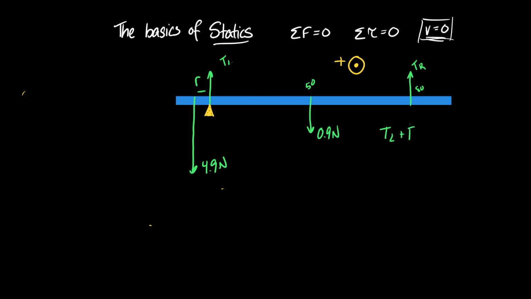TL plus TR still equals 4.9 plus 0.9. And we already know what the threshold is. The threshold occurs when TR goes to 0. That's when the threshold occurs.